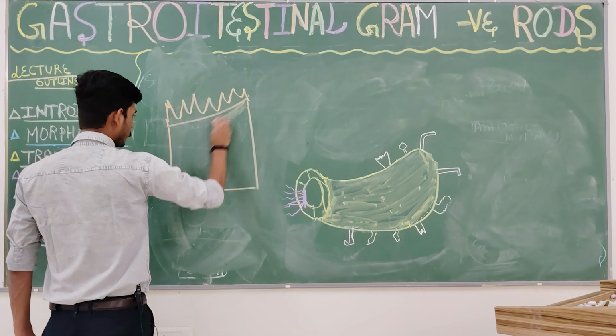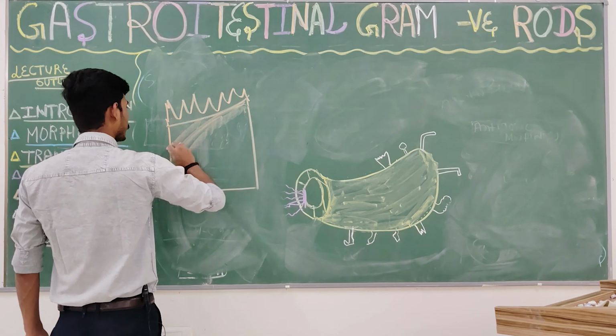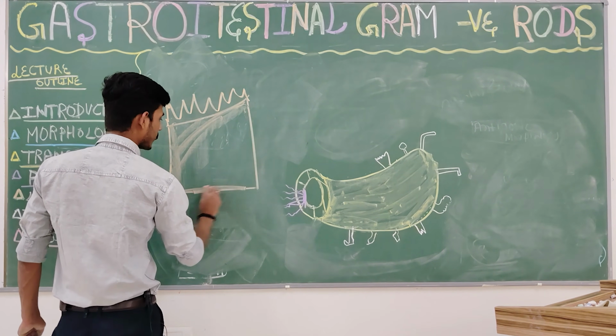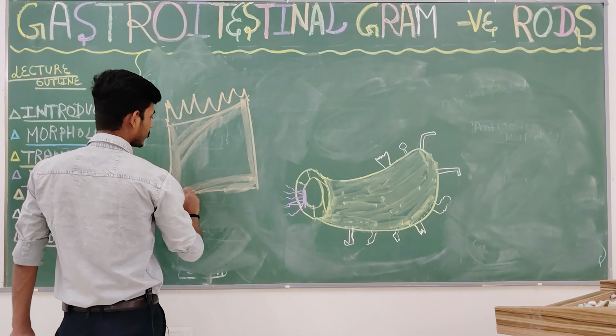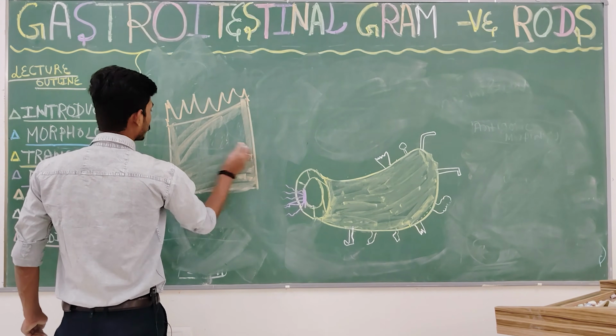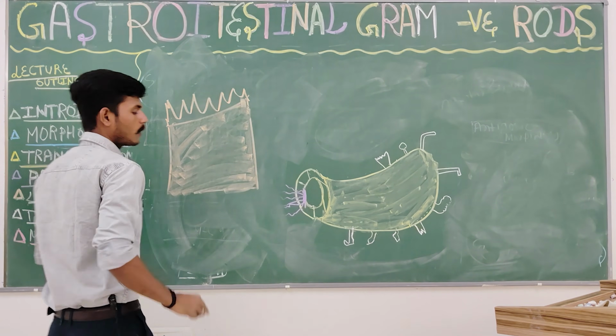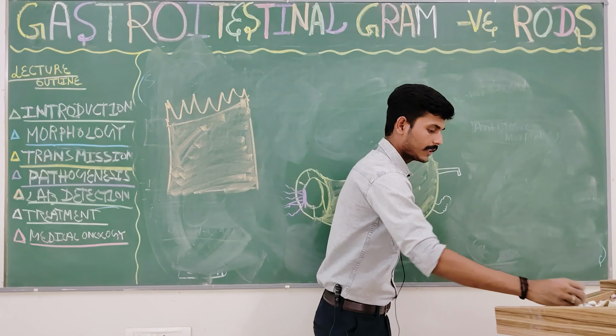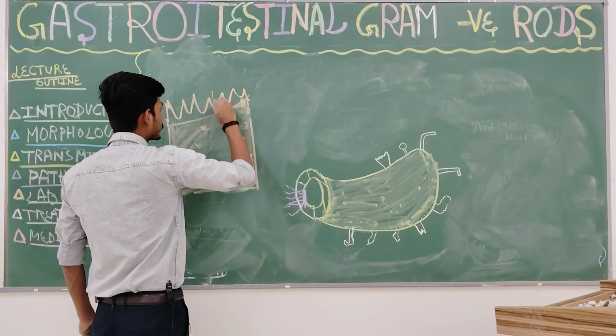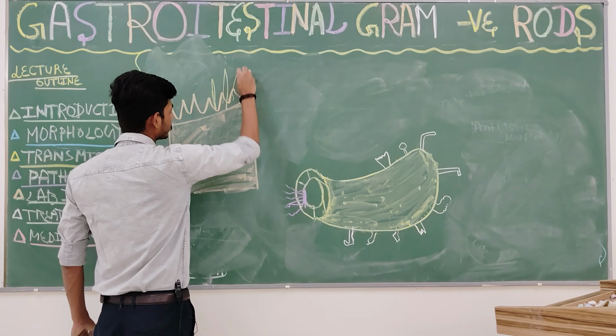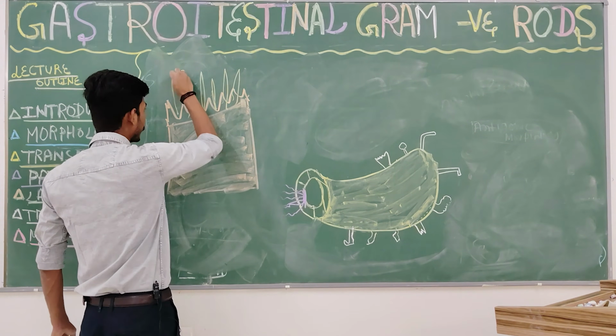See, this is the gastric mucosa. I'm showing the gastric epithelial lining. What this bacterium does, you know that here is the presence of the gastric gland.